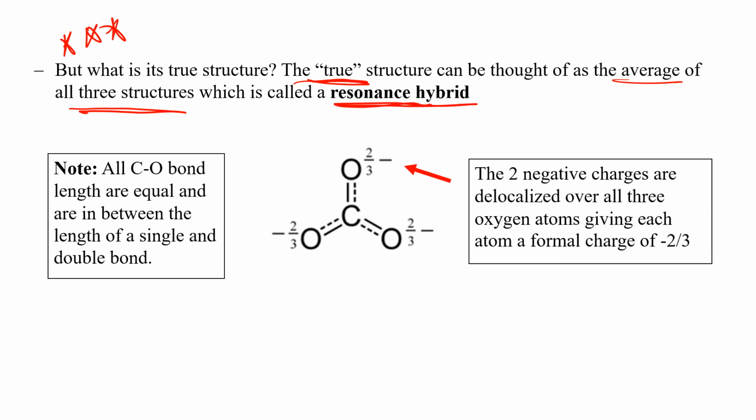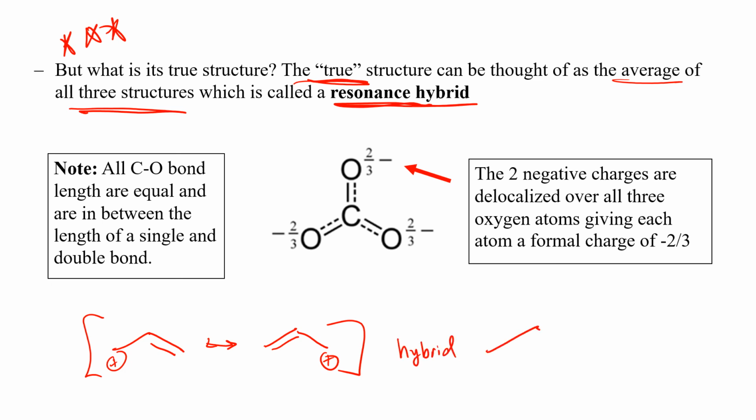So let me give you a much simpler example. Here's an allyl cation. You can draw 2 resonance structures for this, and neither of them really exist. The hybrid is an average, and what we do is we draw a little dotted line connecting all the atoms where we see that double bond switching places.